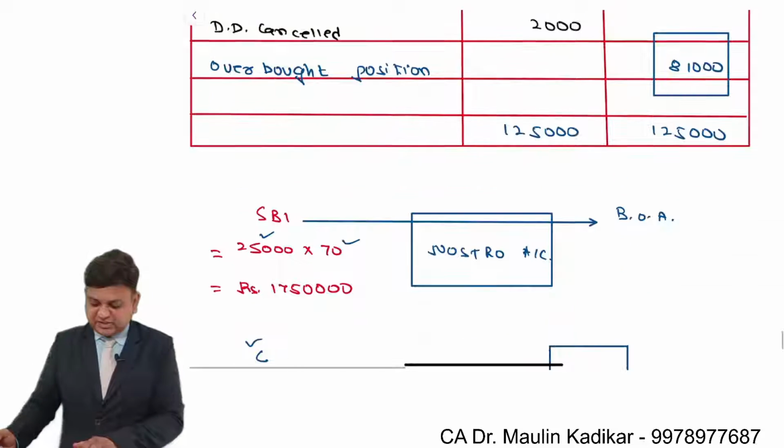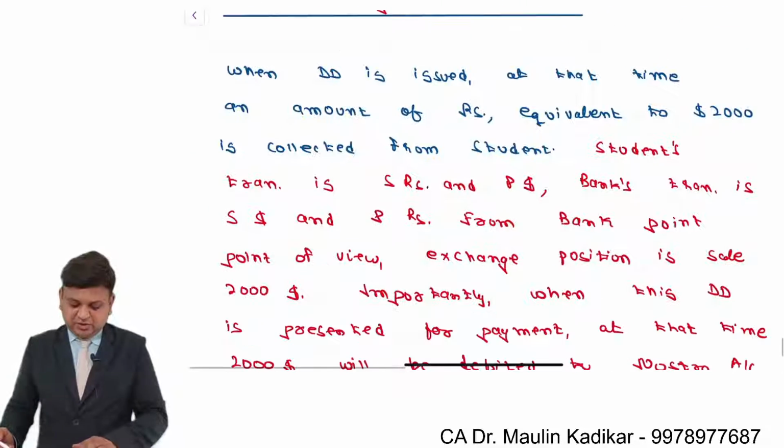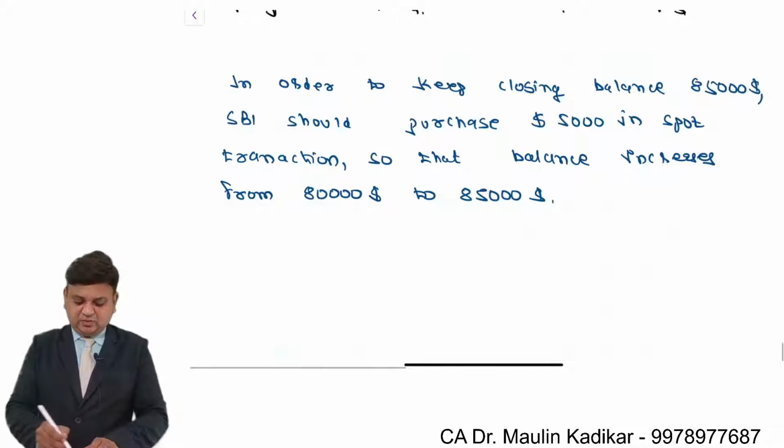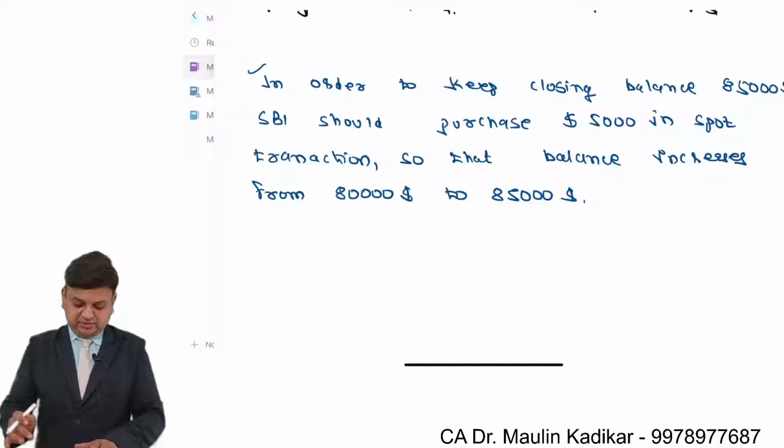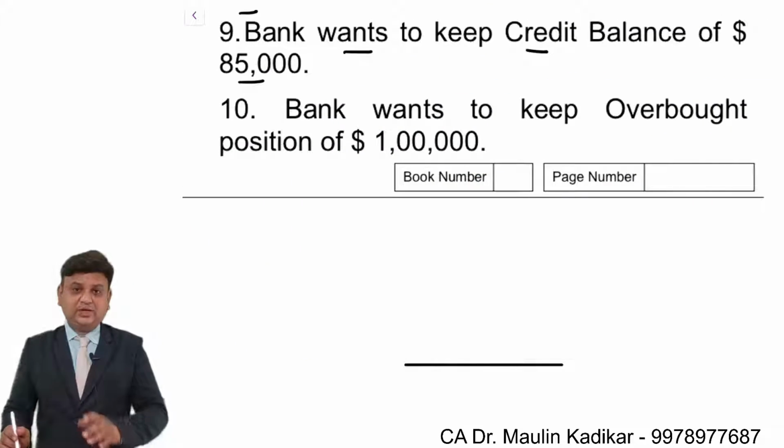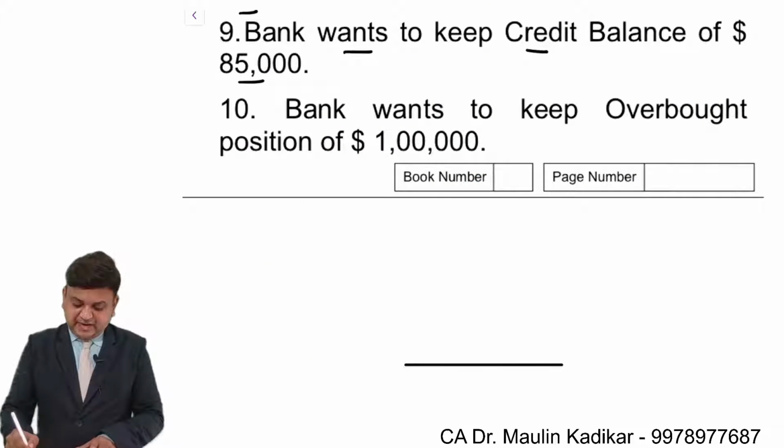Now, whatever the suggestion that we have given, due to this suggestion, the overbought position will increase from 81,000 to 86,000. The question says that bank wants to keep overbought position of $1 lakh.